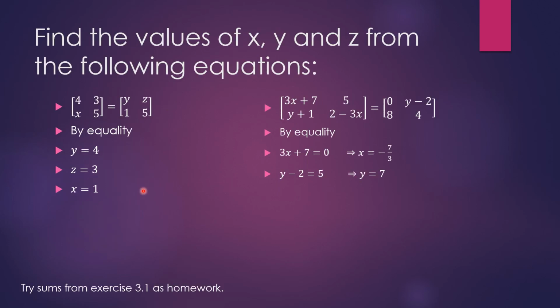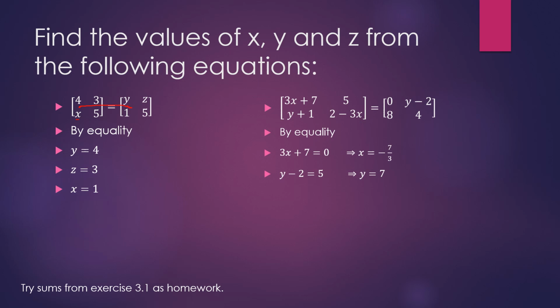Okay. The last one. Find the values of x, y, and z from the following equations. Like we discussed, two matrices are said to be equal if the corresponding elements are the same. So now see, here both the matrices have the same order. So the corresponding elements must be the same. So what can I say here? See, this is 4. So y should also be 4.